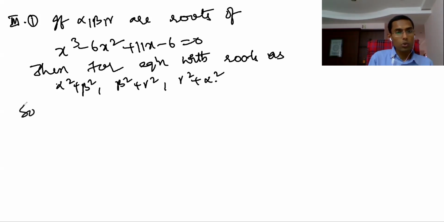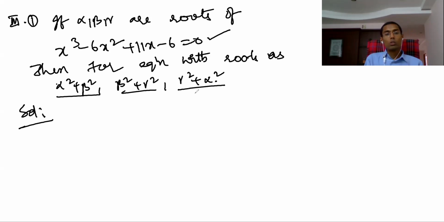So now what is the question? Alpha beta gamma are roots for this, we need to form a cubic equation with these 3 roots. So the best thing is, in this question, this is very difficult if you do it direct, because now sum of the roots you have to find, and product of roots taken two at a time, and product of all 3 you have to find.